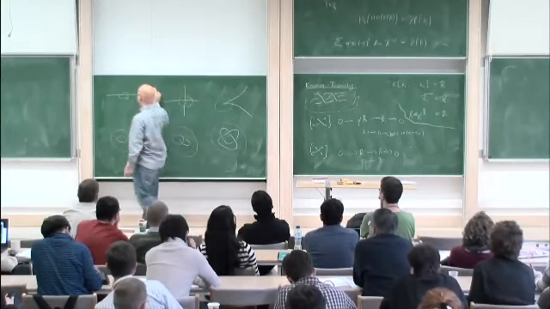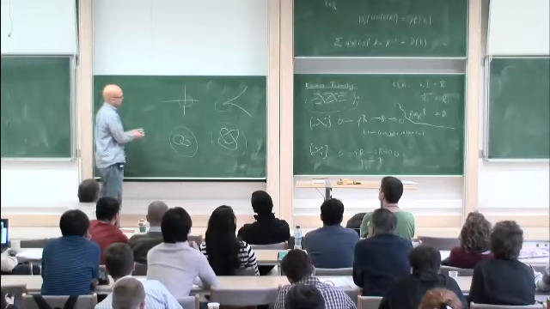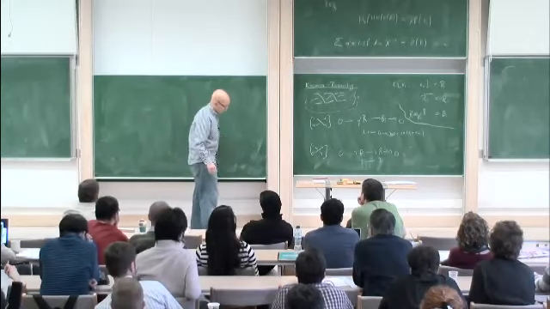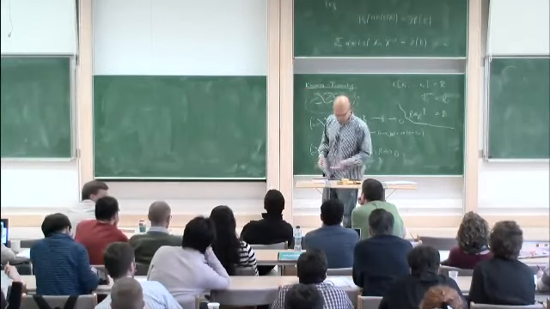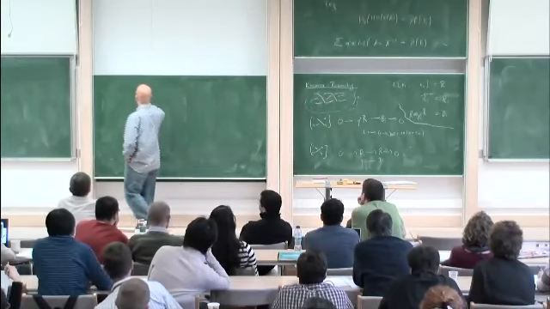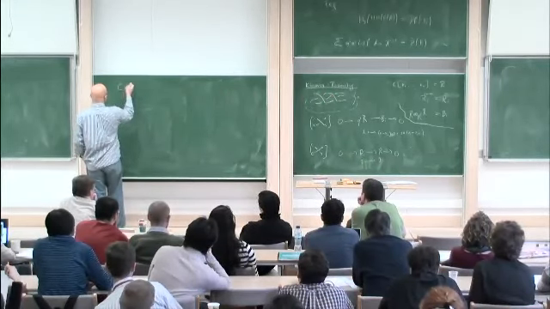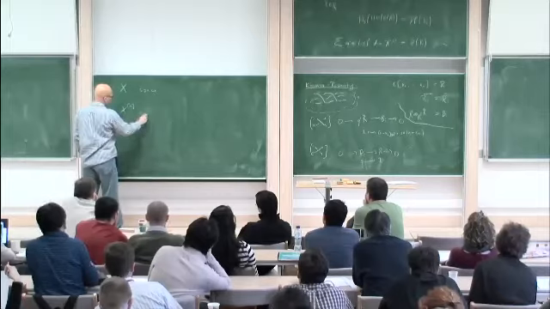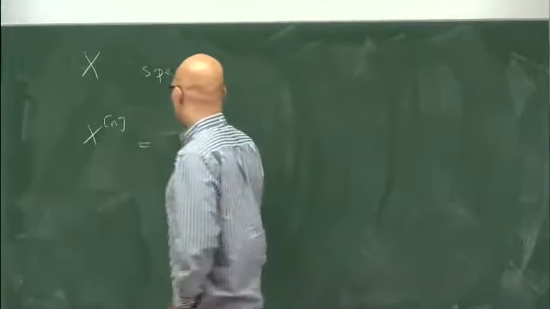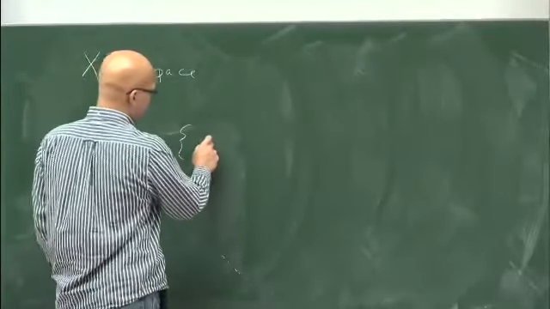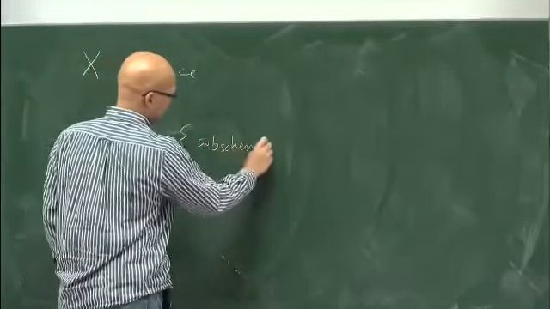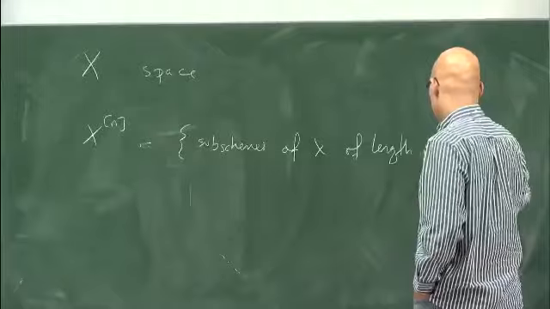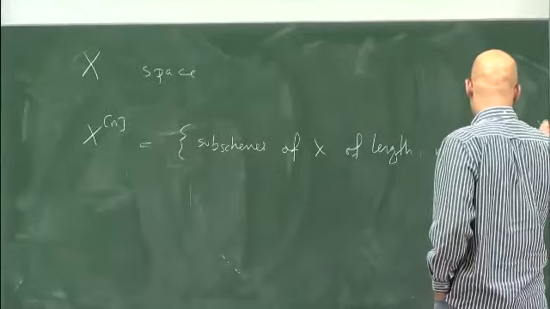Okay, now I turn to Hilbert schemes of points on curves. For X any space, say X is a quasi-projective algebraic scheme, for subschemes of X there's the Hilbert scheme of points of length n, zero dimensional.